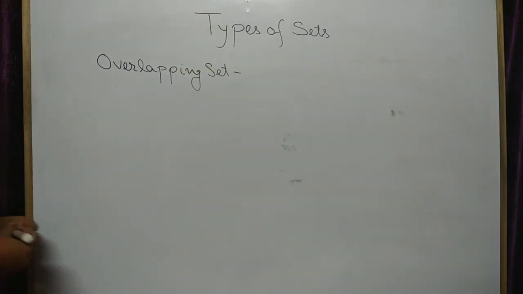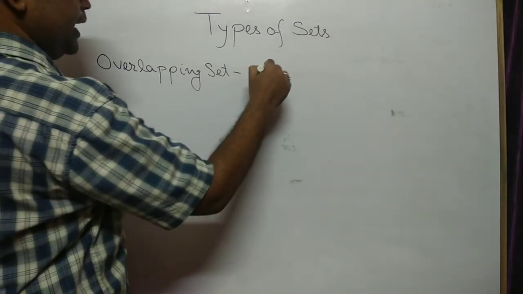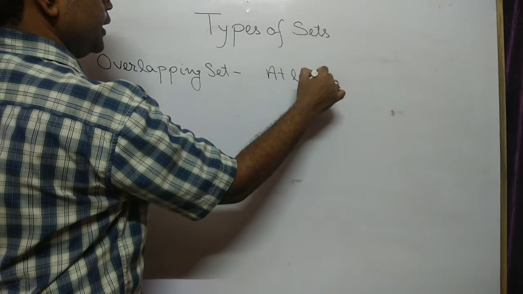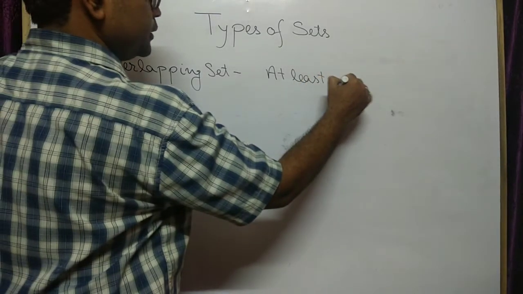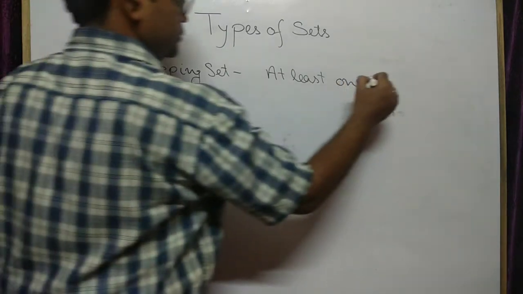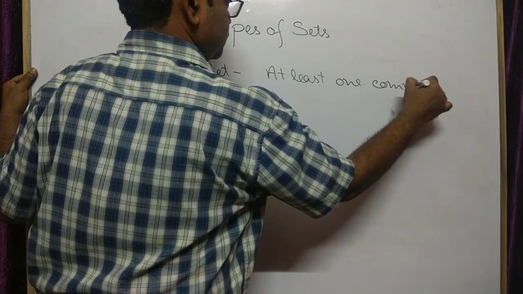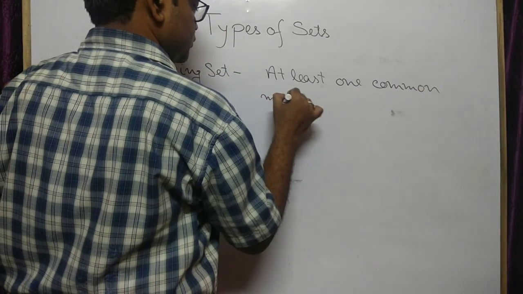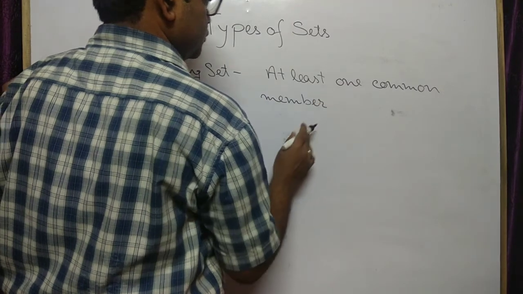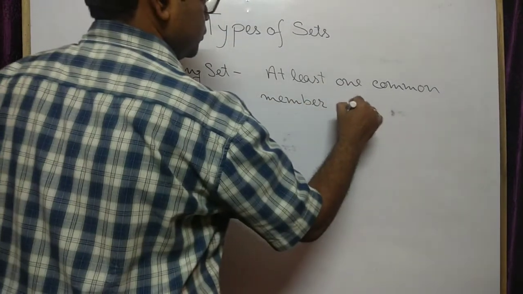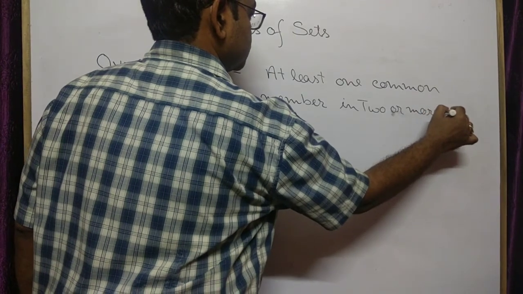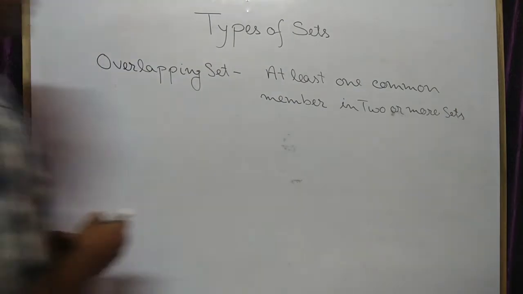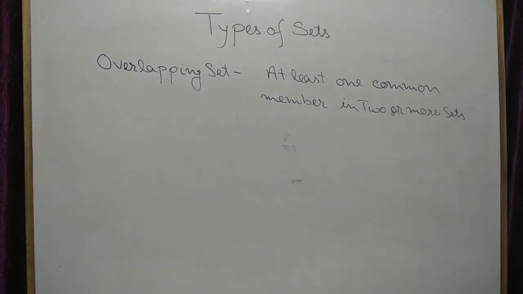In two or more sets, if they have at least one common member, remember at least, we may have more than one common member, but if at least one common member is there, they are known as overlapping sets.